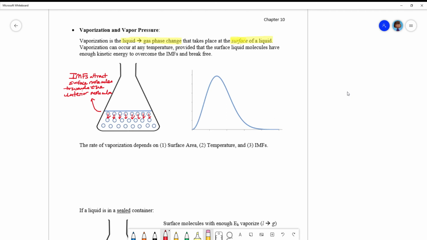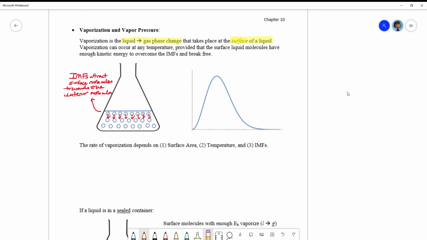Well, if we examine all the kinetic energies of all the surface molecules at a given temperature, what we see is that there is a distribution of kinetic energies. And in fact, this kind of distribution is one that we've learned about before when we were studying gases. It's called a Maxwell-Boltzmann distribution, kind of like a bell curve, but definitely not exactly the same.